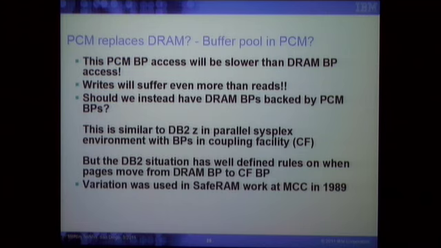And there was this piece of work, believe it or not, done in 1989 by the MCC guys in Austin, where they assumed you had a small amount of persistent store available in your DBMS, but the rest of the memory was volatile memory, and they used that in a very specialized way. Instead of writing stuff from volatile memory to disk, they would write it into this safe RAM, as they called it.